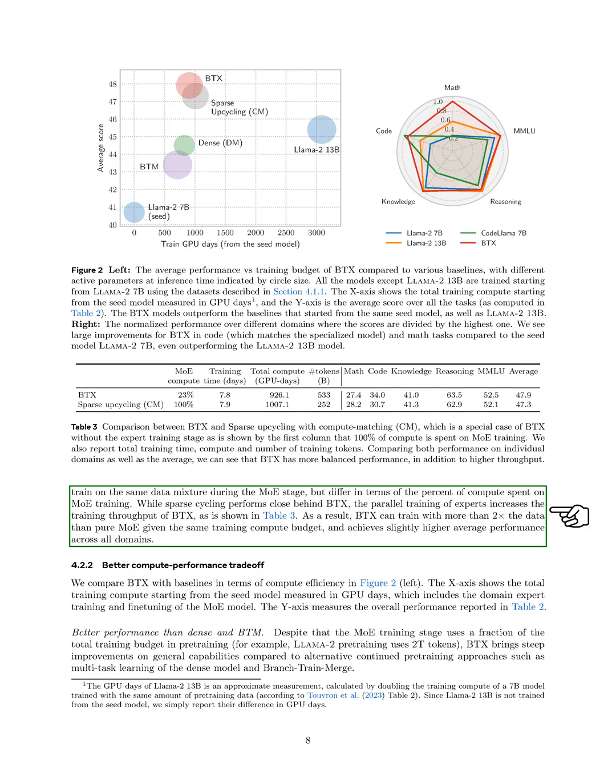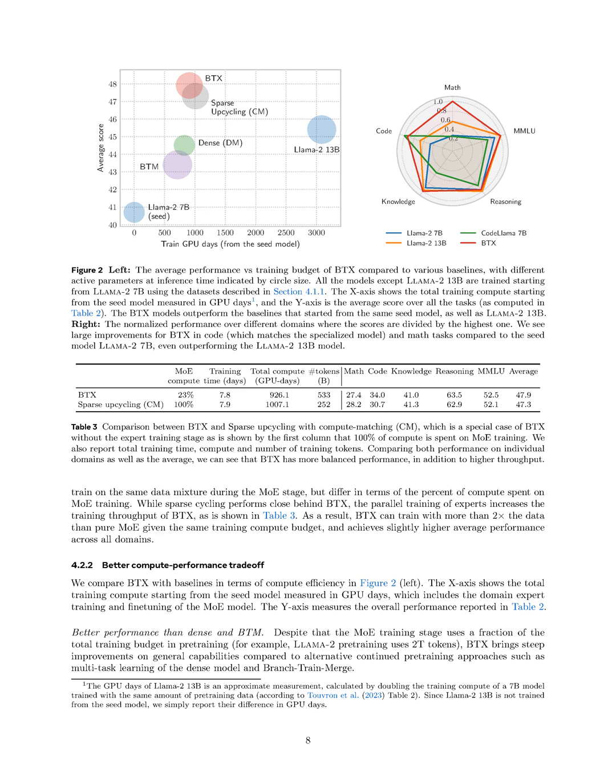When compared to sparse upcycling, BTX trains with more data and achieves slightly higher average performance across all domains. Section Summary. In this section, we compare our method, BTX, with various baselines including Llama 2, dense, sparse upcycling, and BTM.